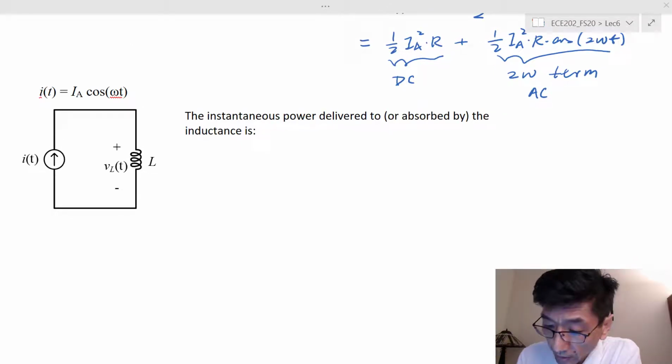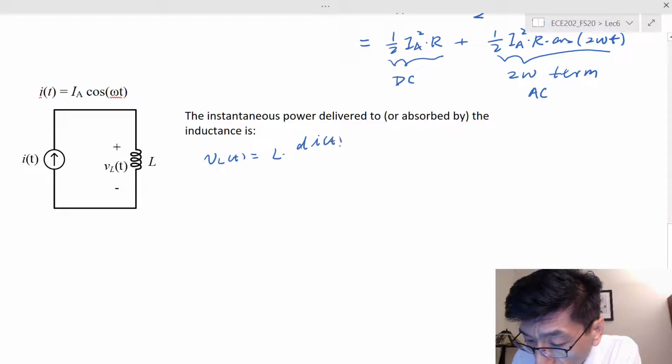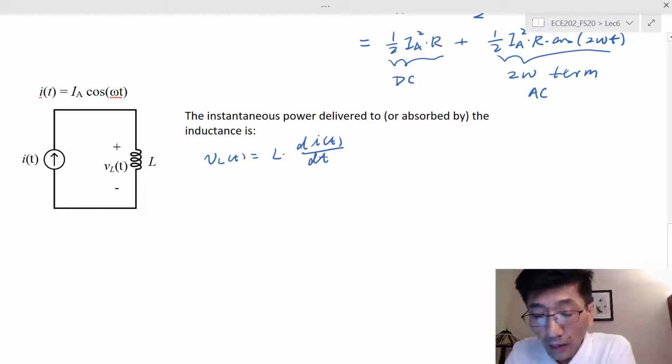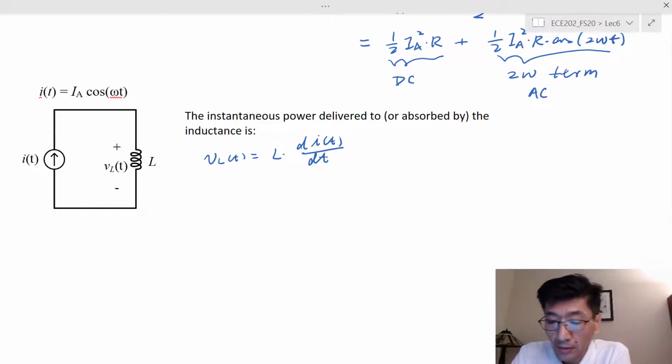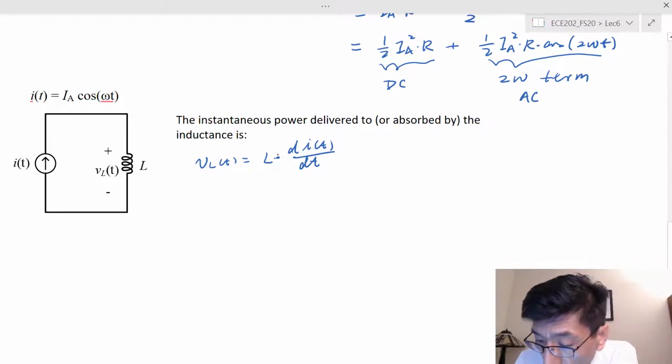For the inductance, the voltage V sub L is equal to L times di dt. And by the way, in this case, I sub L(t) and V sub L(t) are following the passive sign convention. That's why we can put L times without any negative sign involved.